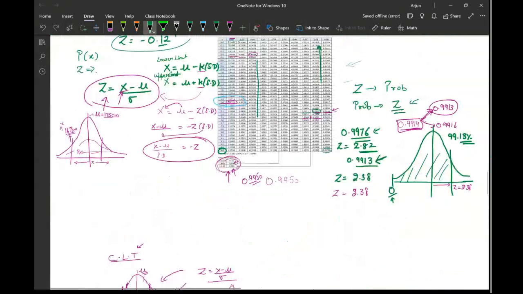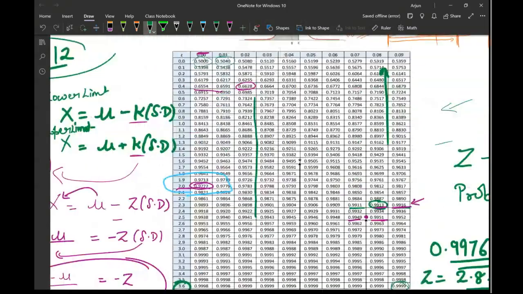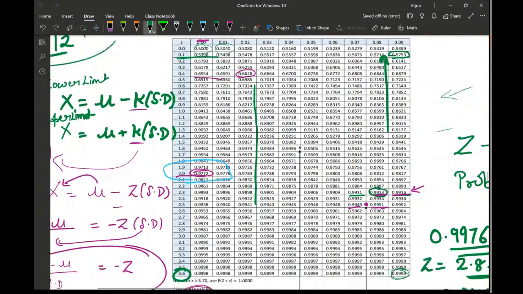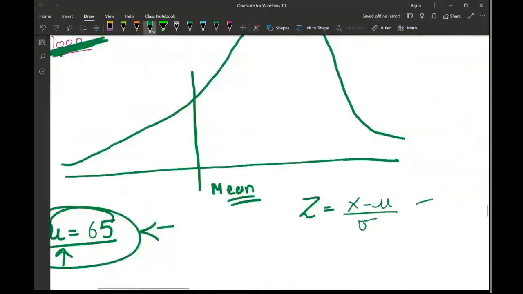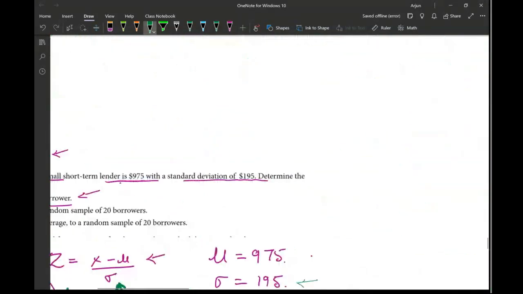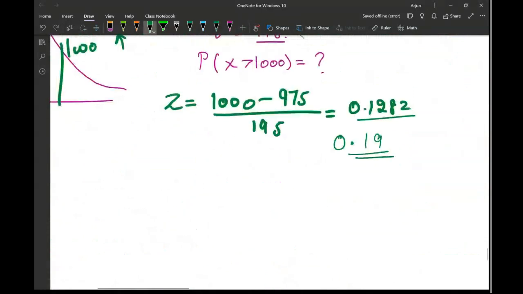The table is up here, 0.13. That value comes across as 0.5753. So I'm going to write that value here.